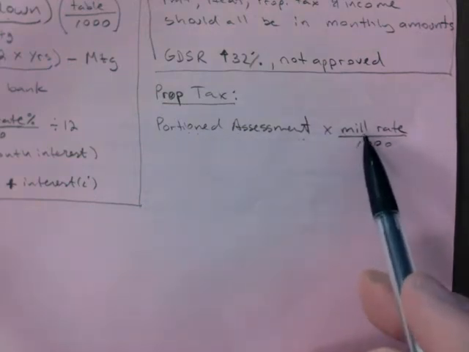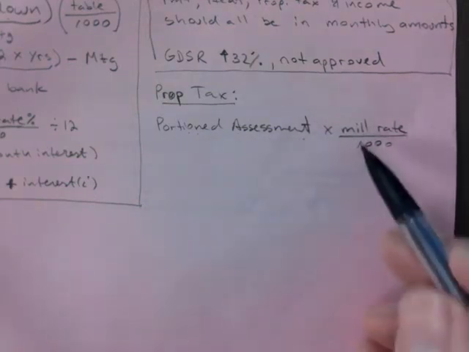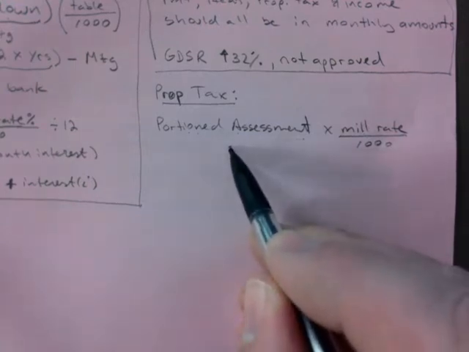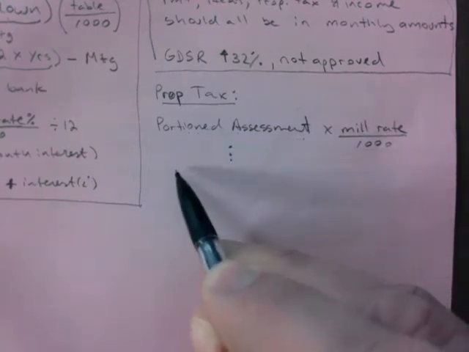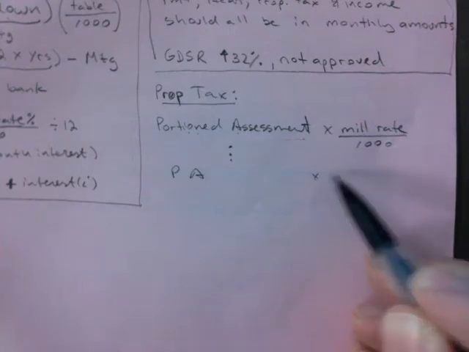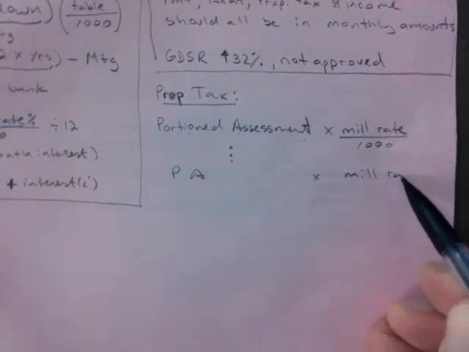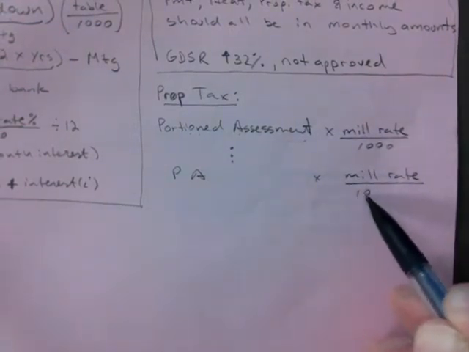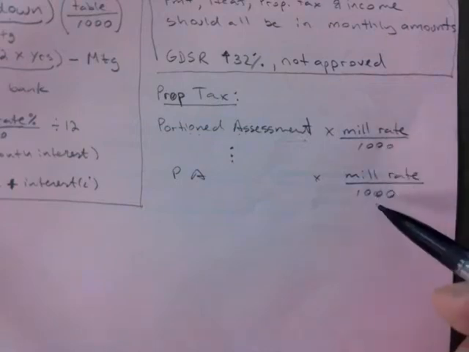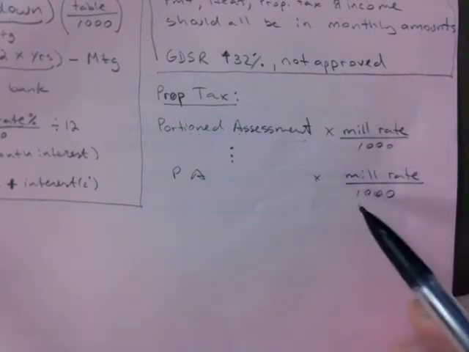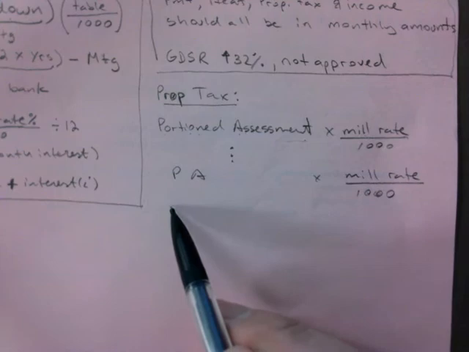You multiply it by the mill rate. So if there are multiple mill rates, you keep doing that, PA times mill rate. Sometimes there's only one mill rate, then this would only happen once, right? And then you have to look at improvements.